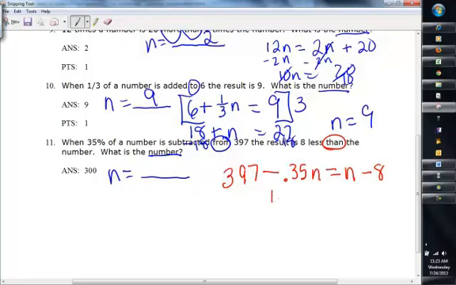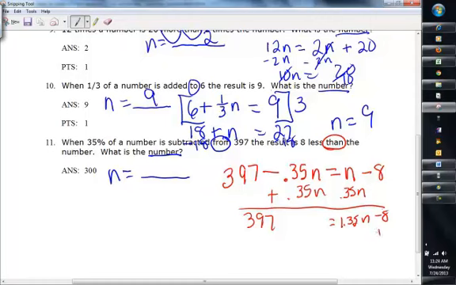Add 0.35n to each side. And we get 397 equals 1.35n minus 8. Add 8 to each side.